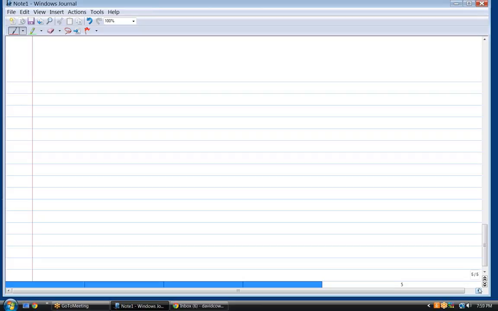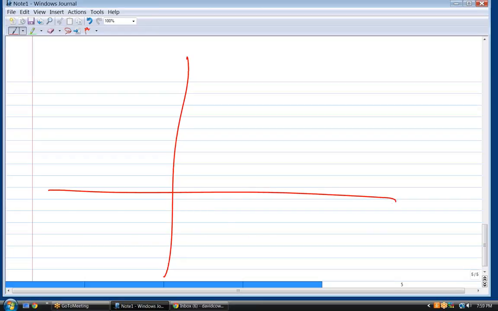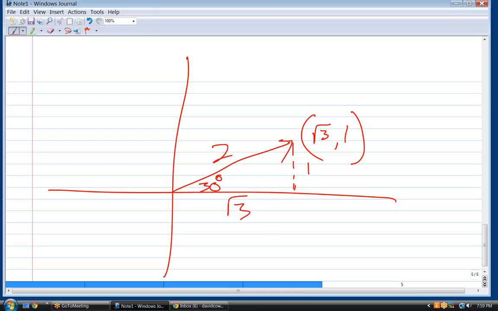One of the most important things you can do with a vector is to break it into its components. If I have a vector like that goes to this point, and we'll call this point square root of 3 comma 1. Okay? This happens to be a 30-degree angle, where this side is clearly 1, this side is clearly square root of 3, that side is 2.